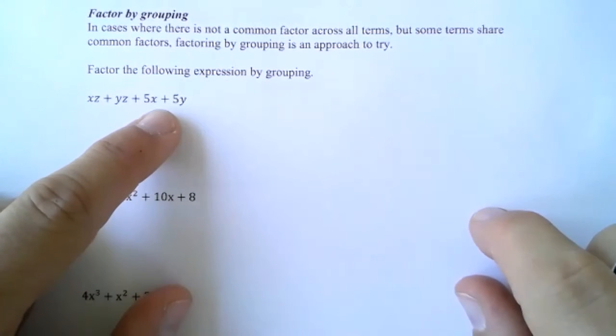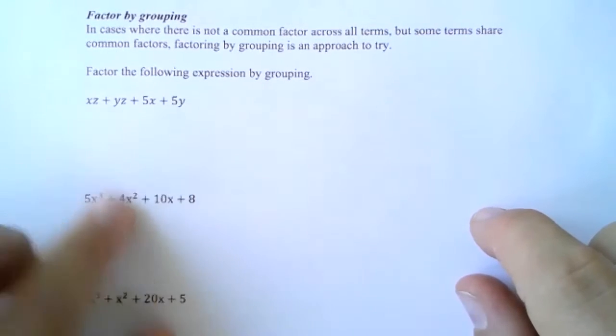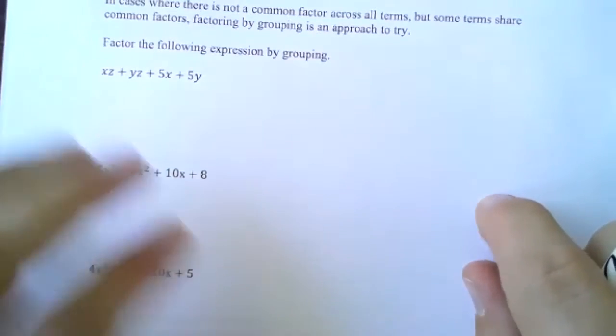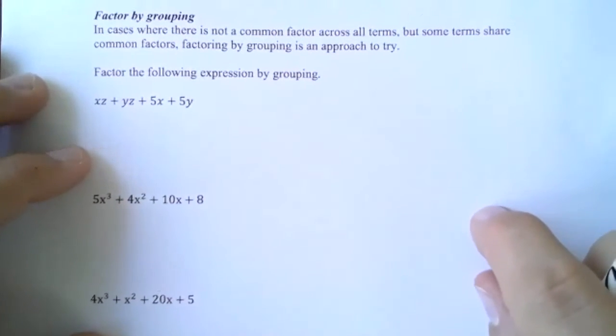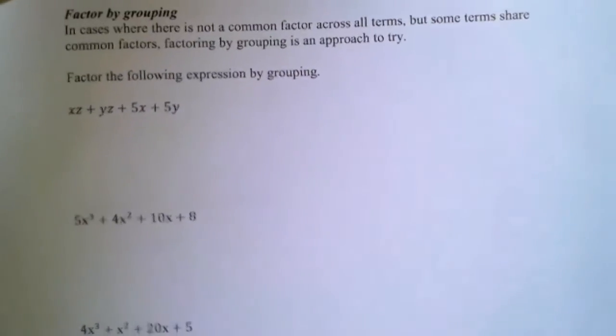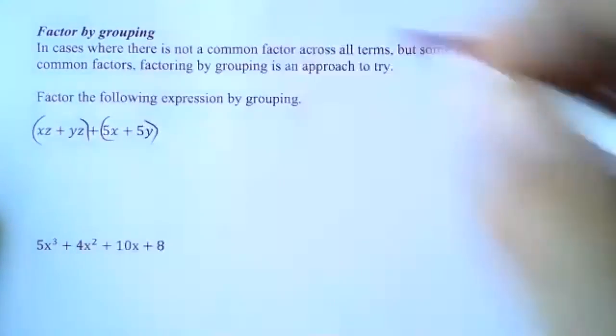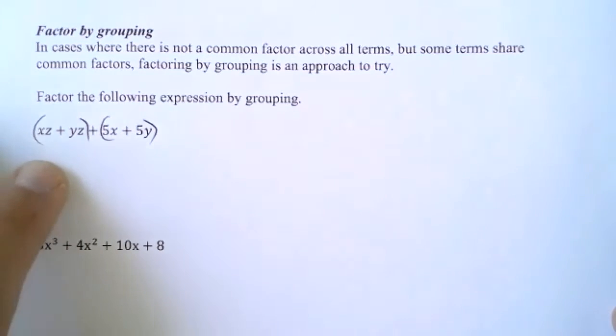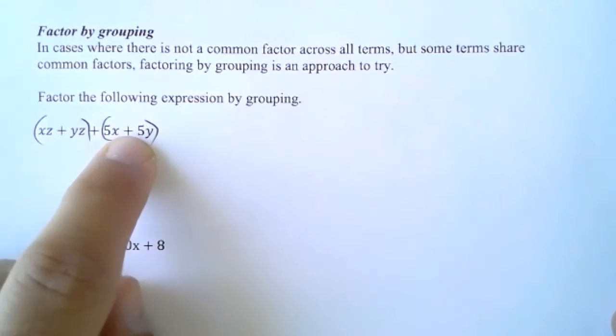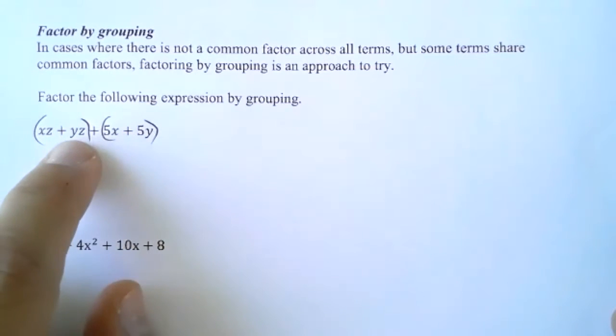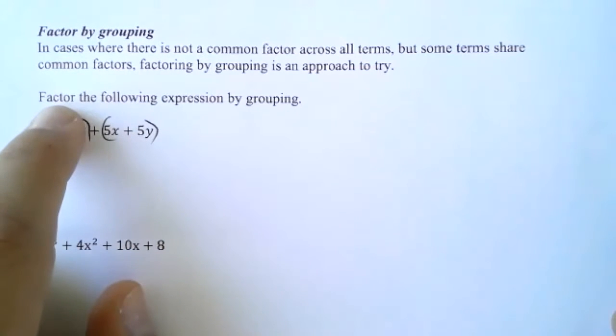Most of the time, in these books, the problems the authors set up are pretty simplistic math problems where all you have to do is put parentheses around the first two terms and the second set of terms, and then you pull out a factor that's common.